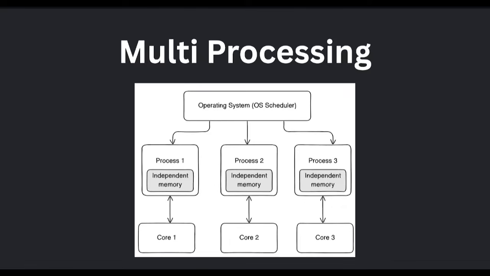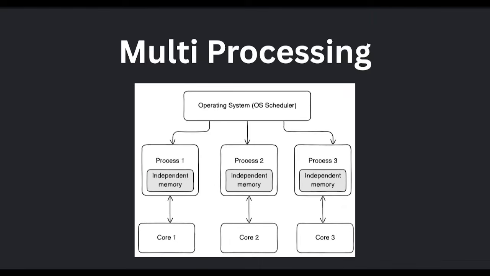You can see in the diagram that processes 1, 2, and 3 have independent memory, which means that multiprocessing is particularly a resource-heavy approach, and it is suitable for CPU-bound tasks. For example, image manipulation, training ML models, etc. There are some details to multiprocessing, but in the context of our course, this level of understanding with multiprocessing is enough.